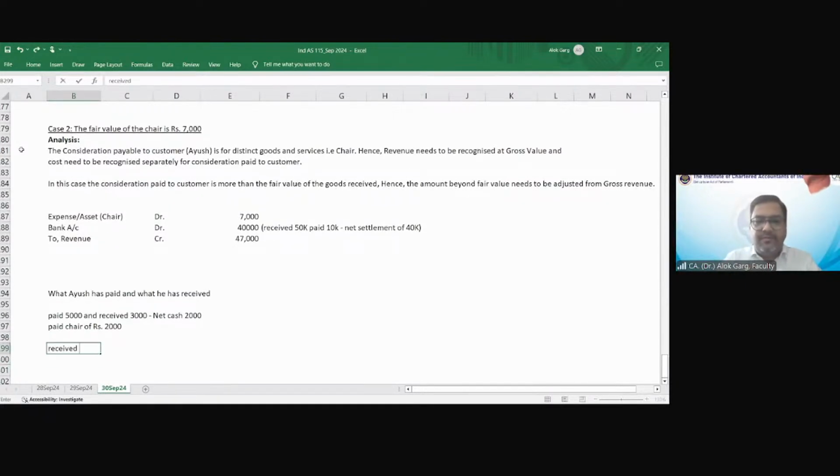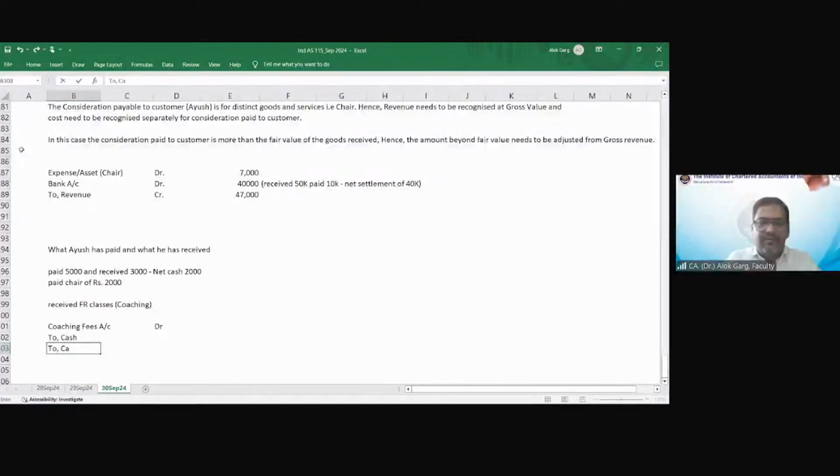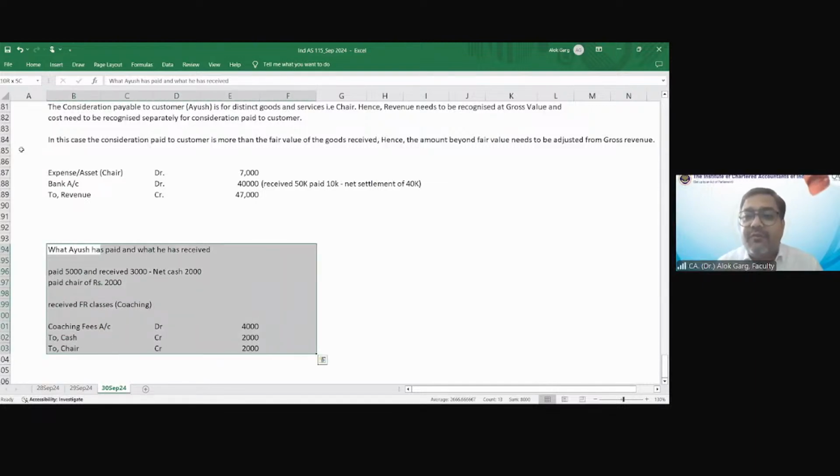Received FR classes, which means tuition, coaching. Chair means fixed asset, credit. Uppercase, I hope it is clear now. 2,000, 2,000, 4,000. Is that clear, Uppercase? So Uppercase was asking what will be the accounting entry for Ayush. This will be the accounting entry for Ayush.